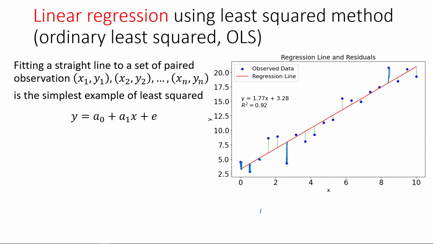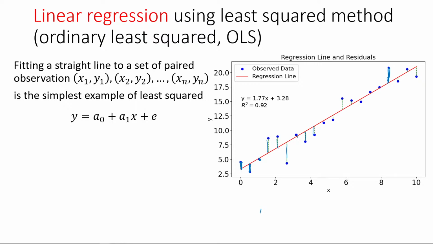This residual here is also very high. So basically I want to keep finding, is it this line or this line or whichever line? What is the slope and intercept of the line that will make all these residuals as small as possible?